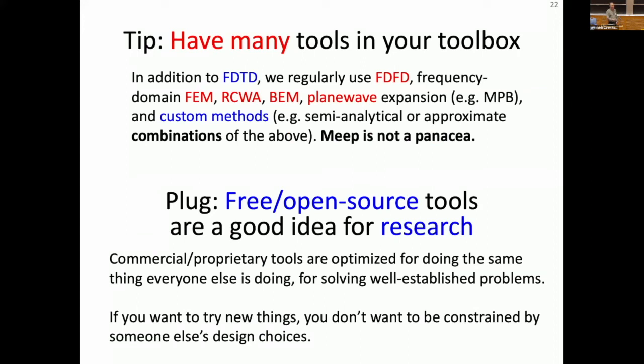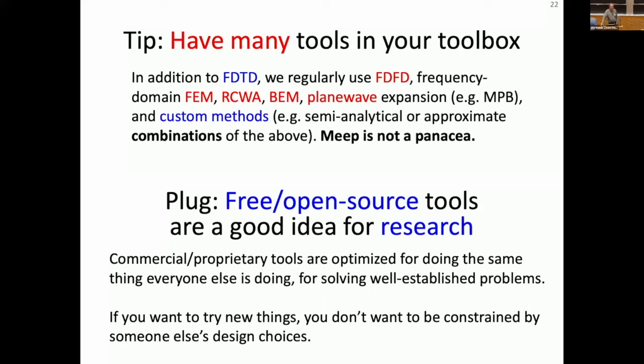We regularly use finite element methods, RCWA especially for periodic surfaces, boundary element methods, plane wave expansions, for example, MPB, and custom methods. For example, you might do semi-analytically or approximately try and combine several methods together and stitch them together in a way that's much faster than, and more powerful than, any individual piece.